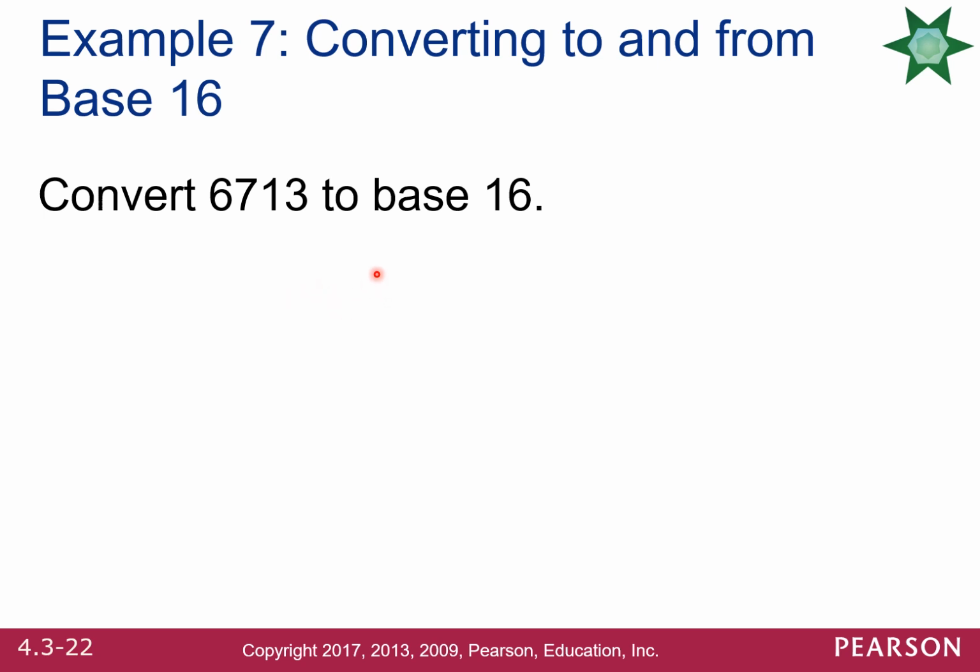All right, that means we have to take our decimal value and start by dividing this number, the 6713, by a positional value in base 16 that is closest to 6713 without going over.